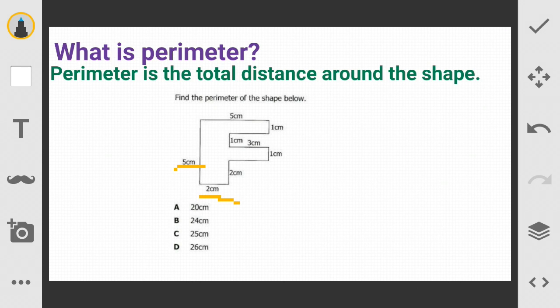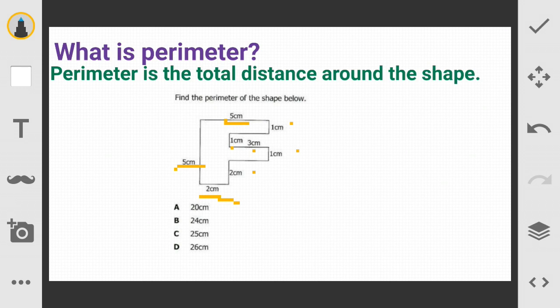Again, you also add this 5 centimeter to the sum you have found when you added 5 and 2, and then you add 1 here. You also add the 1 centimeter here, and the 3 centimeter here, and this 1 centimeter here, and 2 centimeter. Then when you add all of them, the answer you get is the perimeter of this shape.